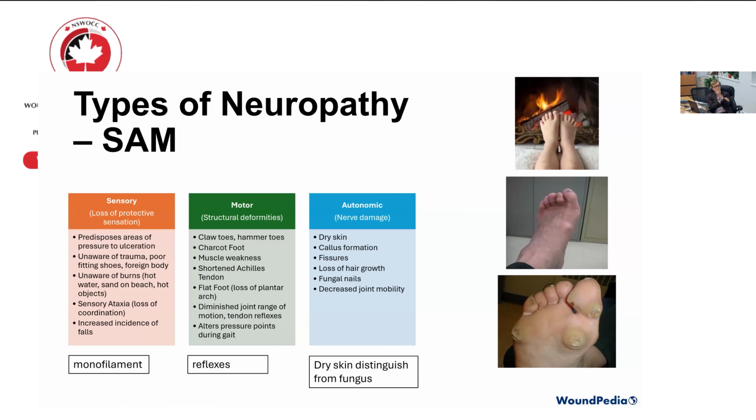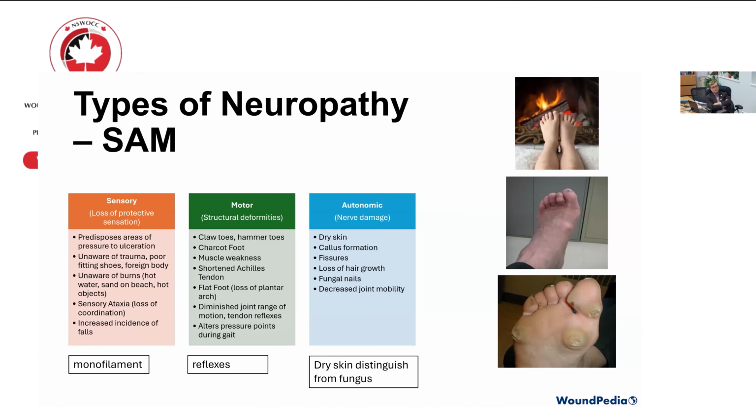Okay, 3 components to neuropathy. Sensory, use the monofilament. Motor, structural deformities often occur, and you check reflexes. And you can get loss of the plantar reflex, which would be over the malleoli, or you do the knee reflex.